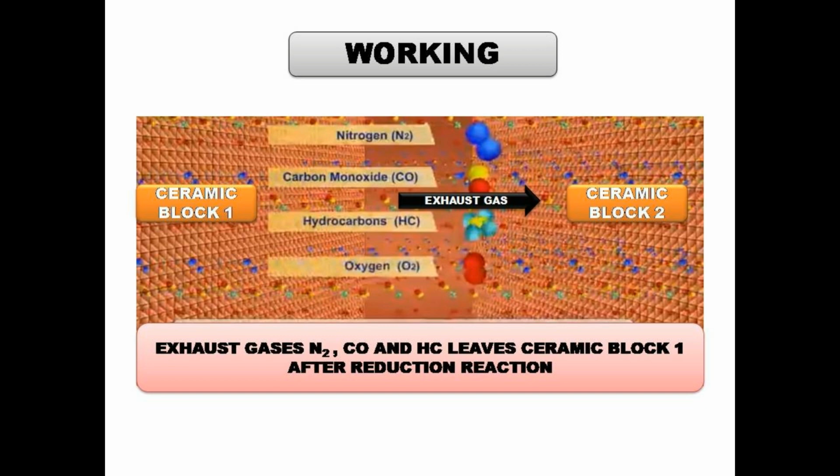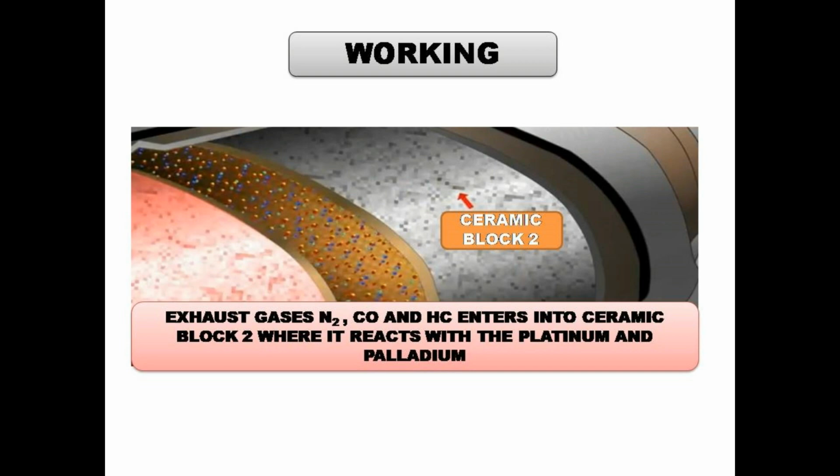Here exhaust gases like nitrogen, CO and hydrocarbon leaves ceramic block 1 after reduction reaction. The oxides of nitrogen NOx or nitric oxide NO is reduced to nitrogen.